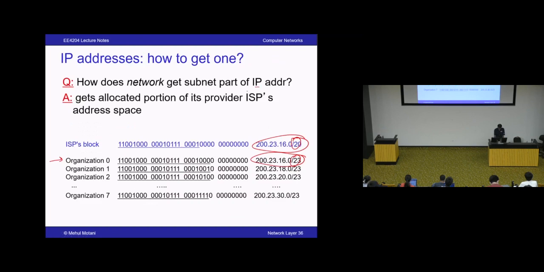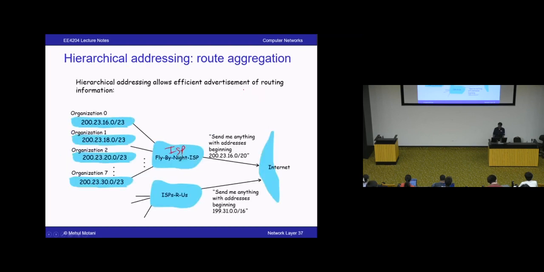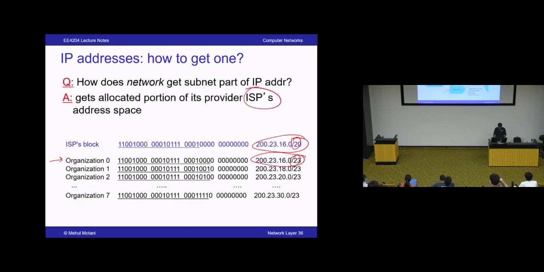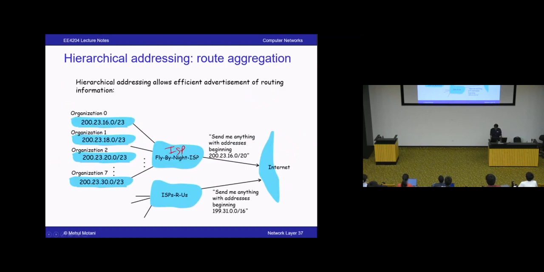This is the same ISP as here, okay? And so remember, the range of addresses for this ISP is this /20, right? So the ISP just has to advertise to the rest of the internet: anything that looks like this, where the first 20 bits match this, send to me. Right? So the internet doesn't have to keep track of all the hosts. It just has to keep the subnet ID of this ISP.